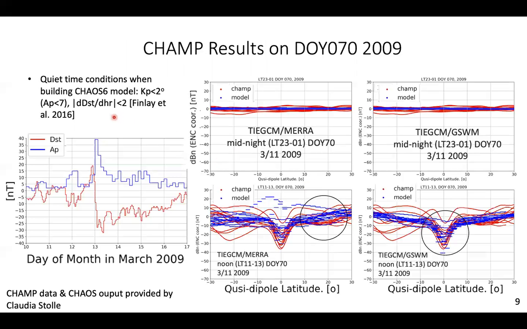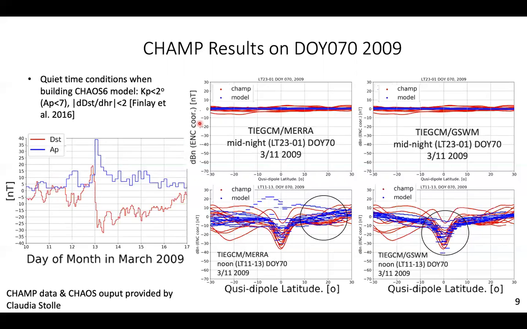And here is the result. Since the CHAOS model was fitted under the quiet time conditions, we apply this condition to plot the day of year 17 data.